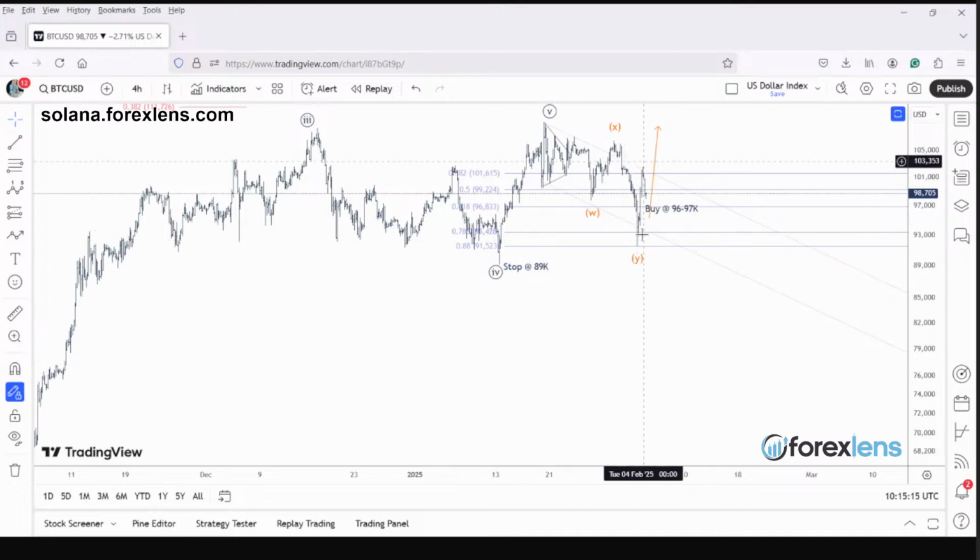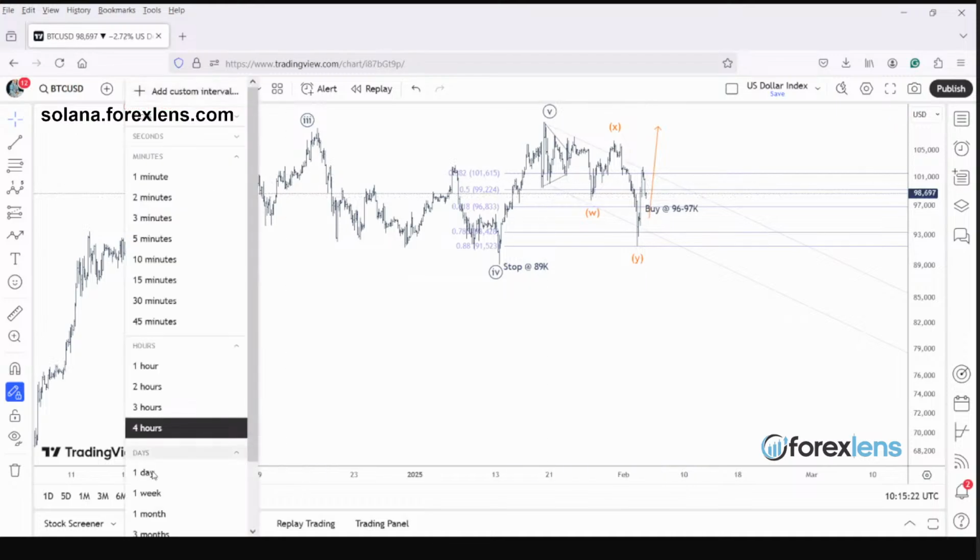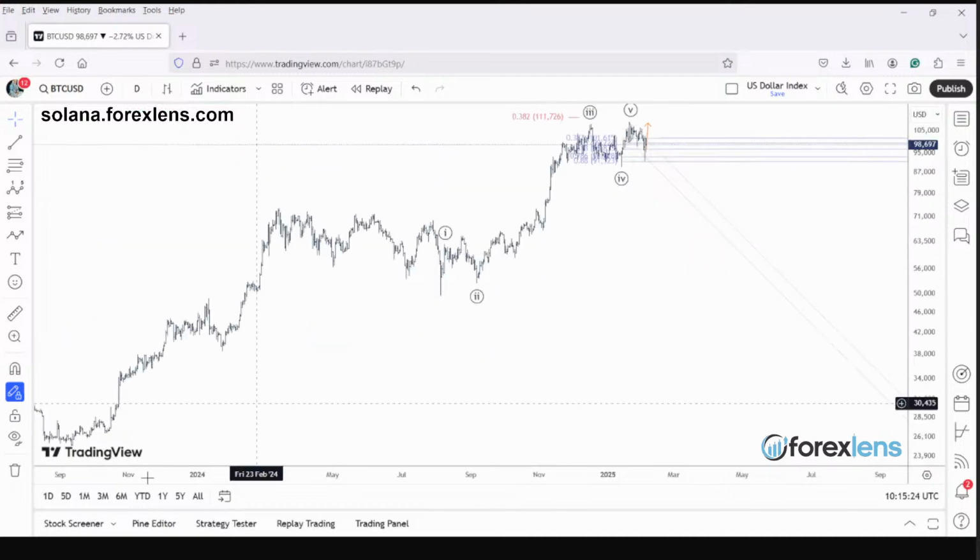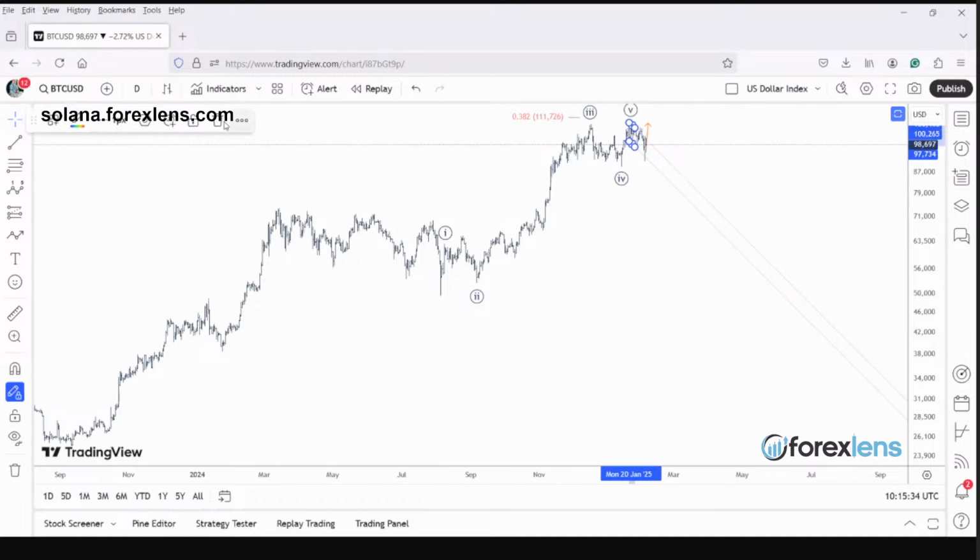So they were the first impulse possibly being corrected right now. And you look at the daily chart, the target is still around, I got to get rid of the Fibonacci and also the channel. So when prices head north, it should be around 115 and 125 on the upside.